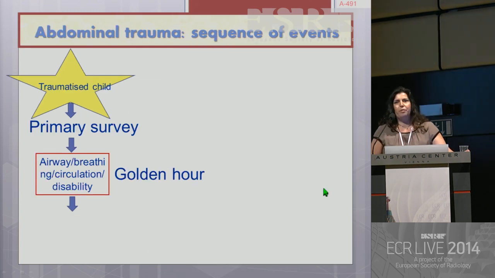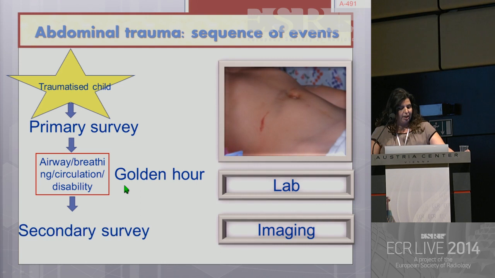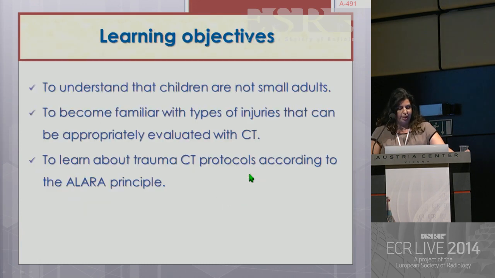The sequence of events in organized environments involves the primary survey that has to be performed within the first golden hour, addressing airway, breathing, circulation, and disability in order to prevent secondary damage. And we come into the picture during the secondary survey, when the surgeons evaluate the abdomen for obvious external injuries and symptoms, and ask for laboratory tests.